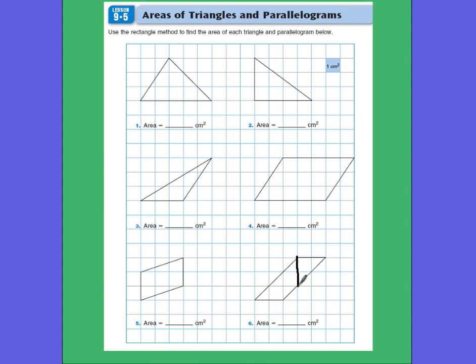If I were to think about this one, I could break it up here and here, but you would see that this section is not included. So how else could you divide this one up to get into triangles? And you might have to look at it in a different way by turning it as well.